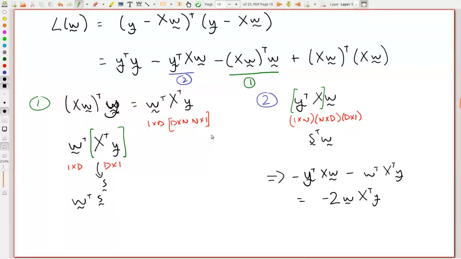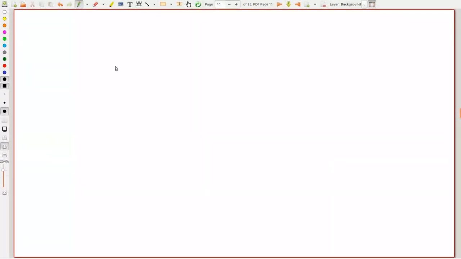Okay, so why am I expanding all of this? I'm going to expand all of this out so we can get to a place where we can actually take the derivative of this, and it's going to be easier if we simplify the form of it. And did I miss a transpose? Yeah. It's okay.